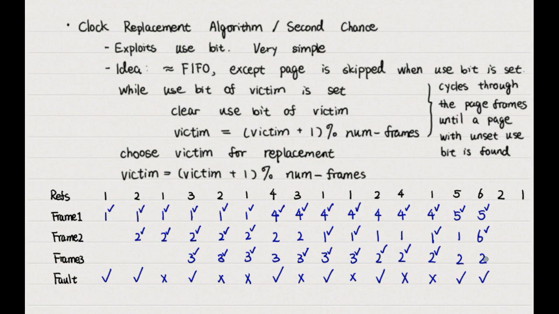Now we have 2, and 2 is already in memory, so we update its use bit. There's no page fault here. And we have 1, and all the use bits are set, so we use FIFO policy. And look back, and we find that 2 is the longest, so we replace 2 with 1. And clear the use bit of other 2 pages.